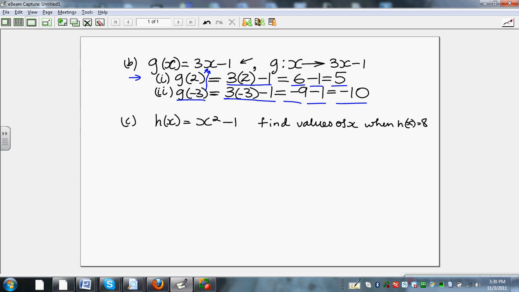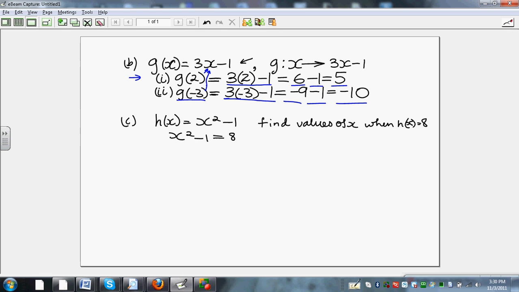Because h of x is x squared minus 1, and we want to know the values of x when h of x is equal to 8, it means we want to solve the equation x squared minus 1 equal to 8. Once we can solve that, we don't have any problem.